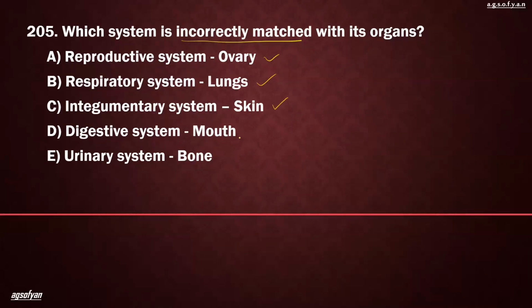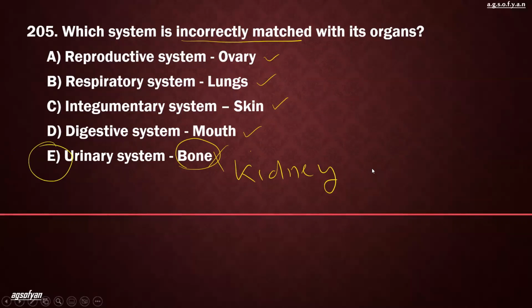Digestive system, mouth? That's correct. So which one is not correct? Is incorrectly matched. This is not the bone. It should be kidney, right? So kidney. This is the correct answer. It is not matched.